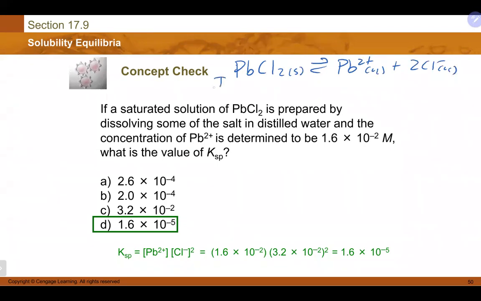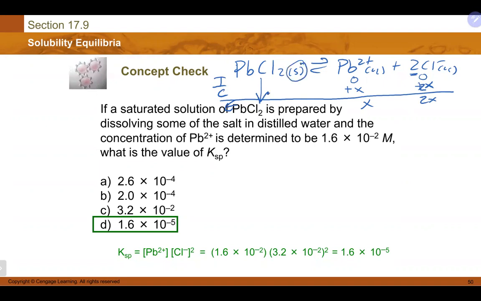Now, initially, this is 0 and 0. The change would be plus X. I'll use X here. Again, you can use S if you like. And at equilibrium, we would have X, and that should be 2X there, by the way, because of the coefficient. Should be 2X. Why am I not writing anything on this side?